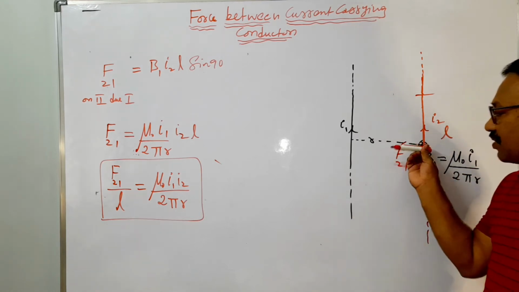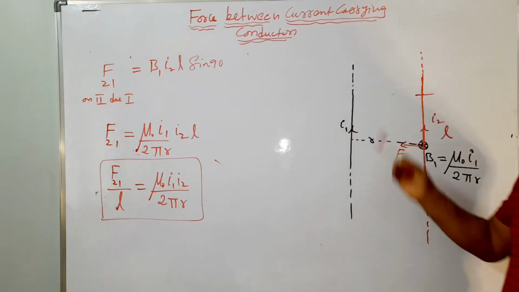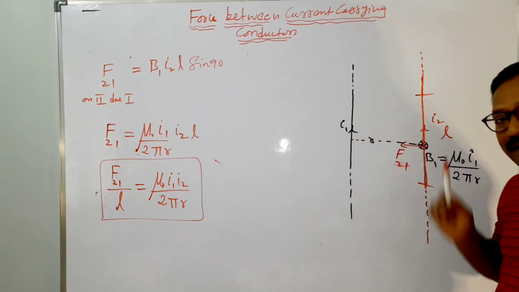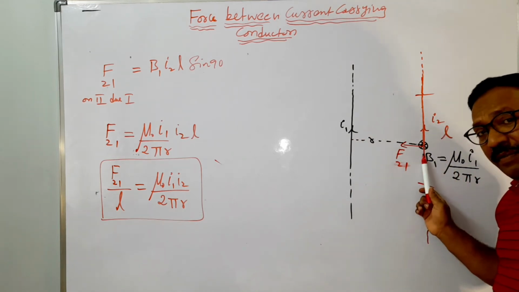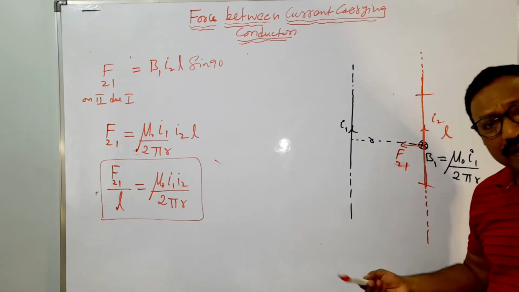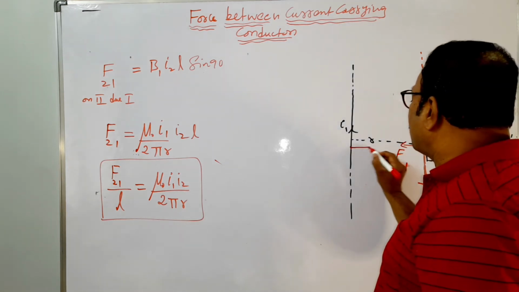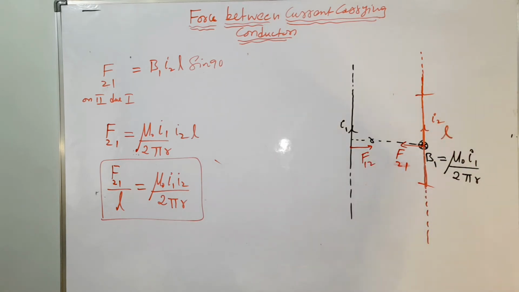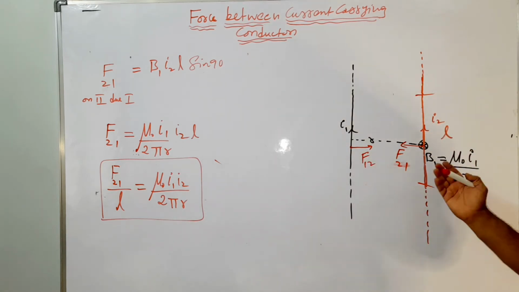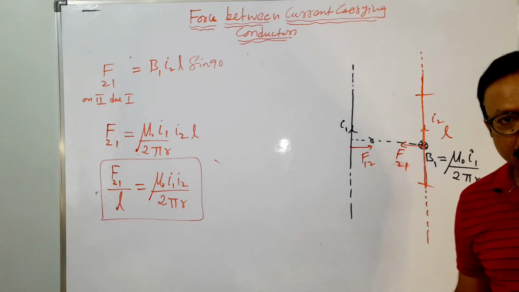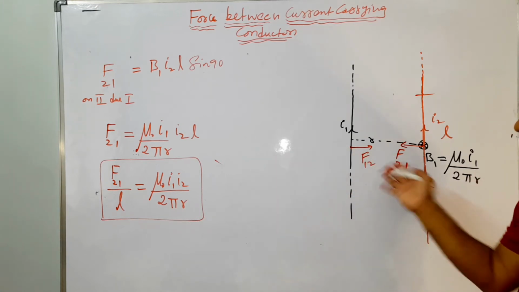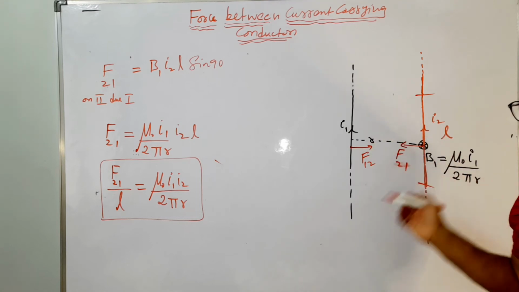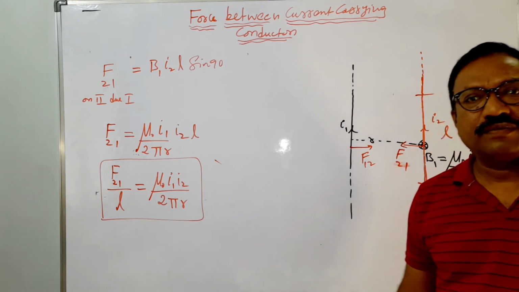Force exerted by the first conductor on the second conductor is action, then force exerted by the second conductor on the first conductor will be reaction. So I will have a reaction force like this. This is the force on the first conductor due to the second conductor. You know, action and reaction are equal and opposite. So therefore, they are attracting each other with the same force. So the force per unit length on each conductor will be equal to this much now.